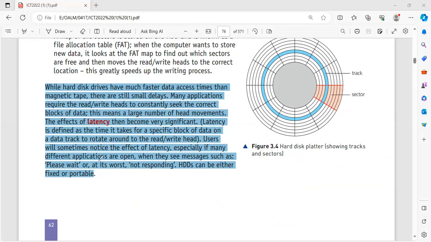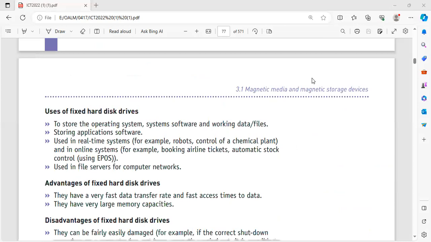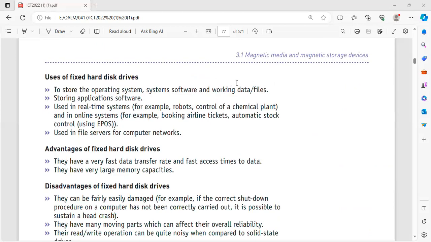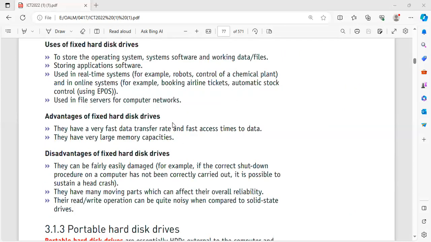Now moving to the next page. So these are the uses of hard disk. You can go through the advantages and disadvantages.